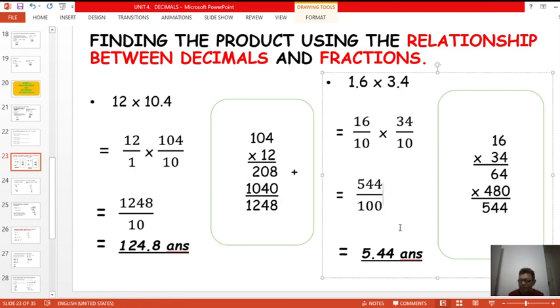Then move how many decimal places for 100 in the relationship between fractions and decimals. That's 2 decimal places to the left. So we get 1, 2. And that's how you get your answer, 5.44.